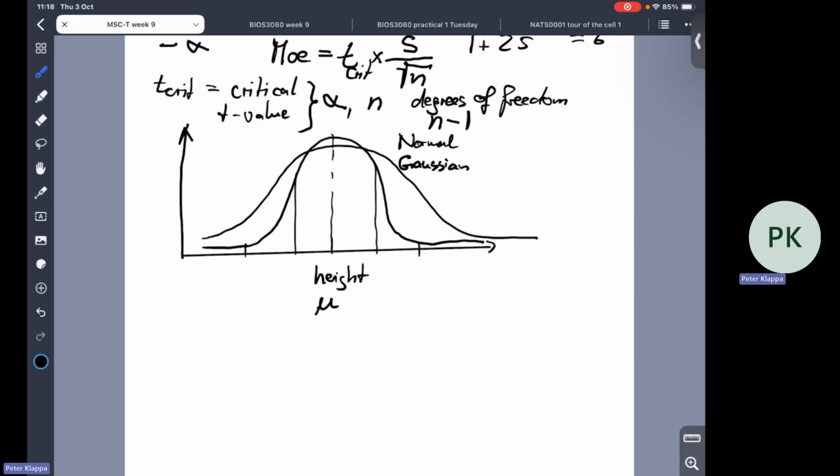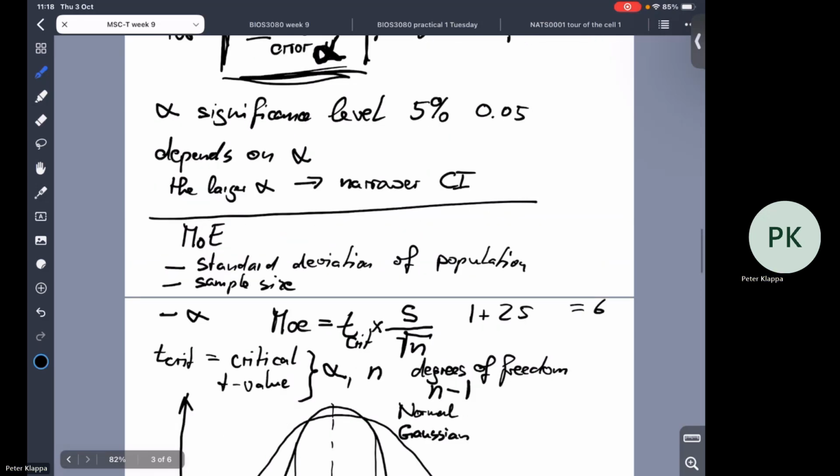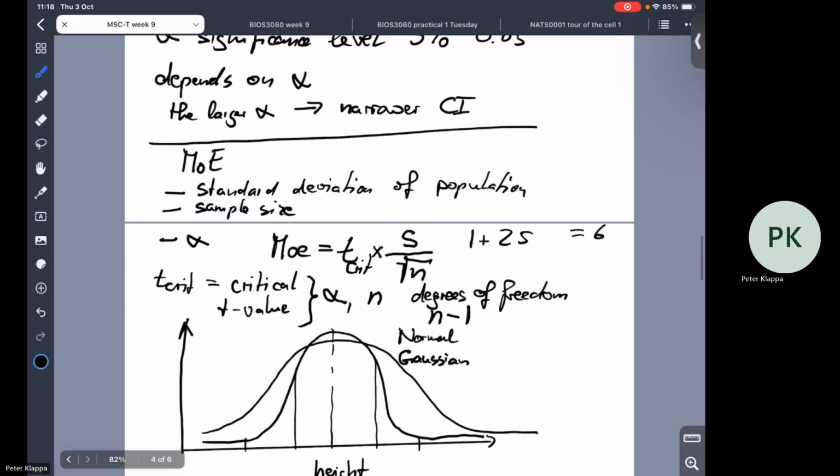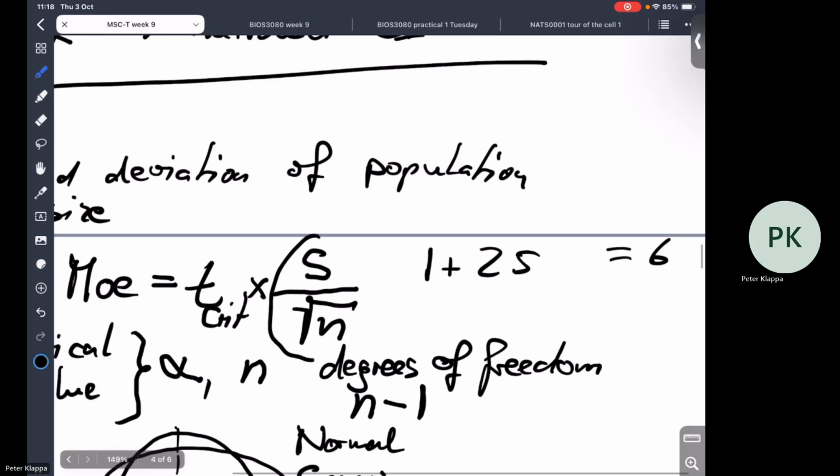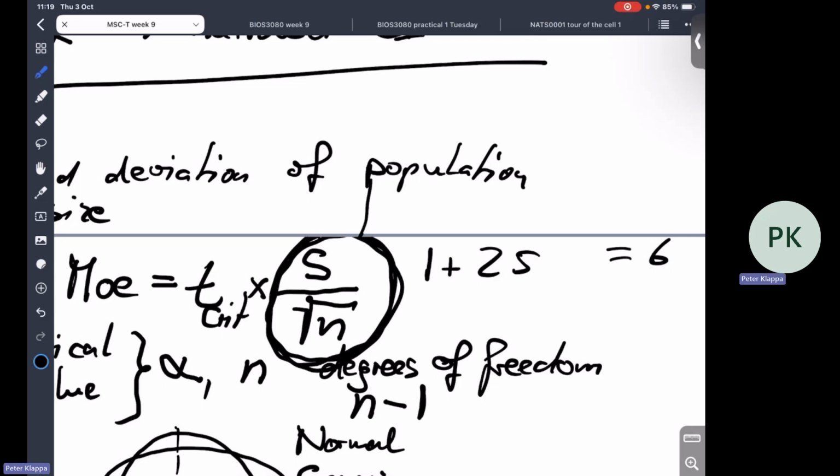So where do we find this t value? We can calculate S, we can calculate square root n. So we can calculate this term here. This term actually also has a name.